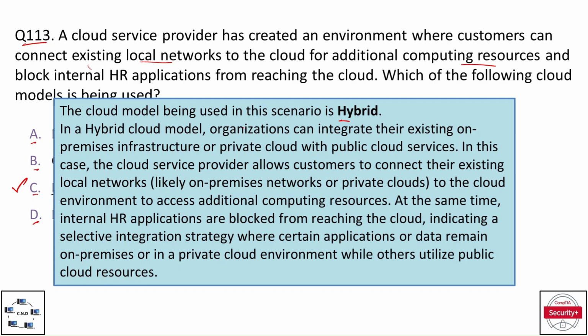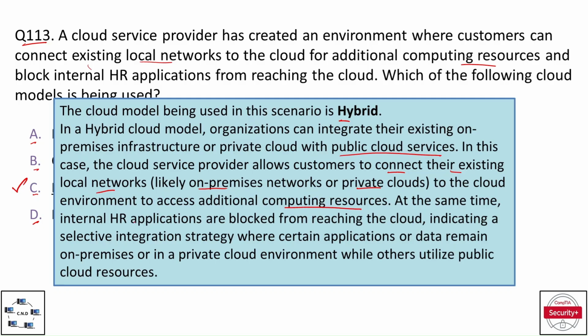In a hybrid cloud model, organizations can integrate their existing on-premises infrastructure or private cloud with the public cloud services. In this case, the cloud service provider allows customers to connect their existing local networks, likely on-premises network or private cloud, to the cloud environment to access additional computing resources.